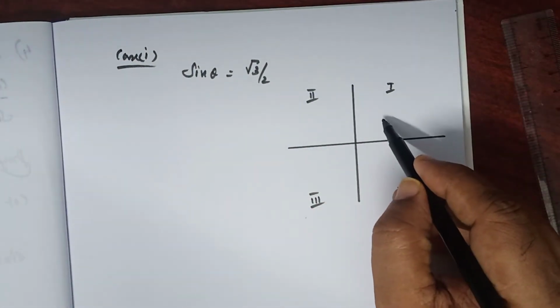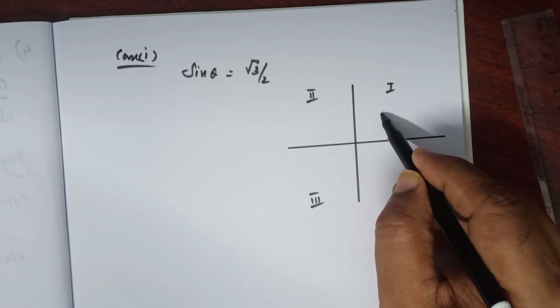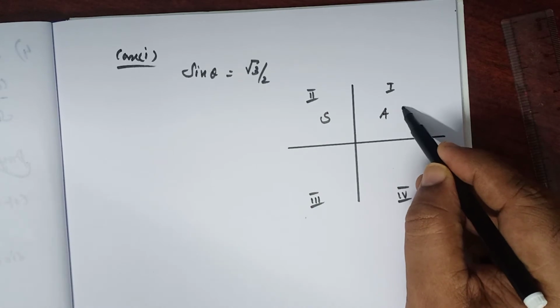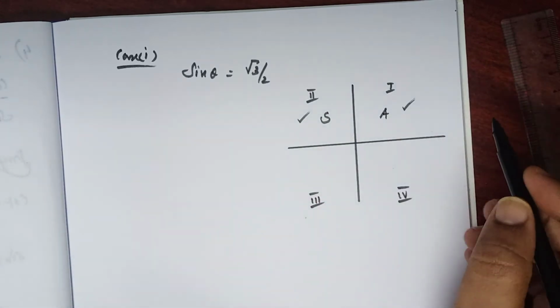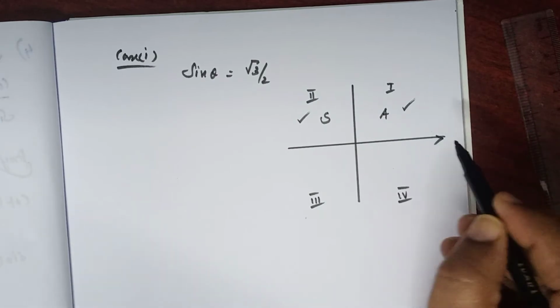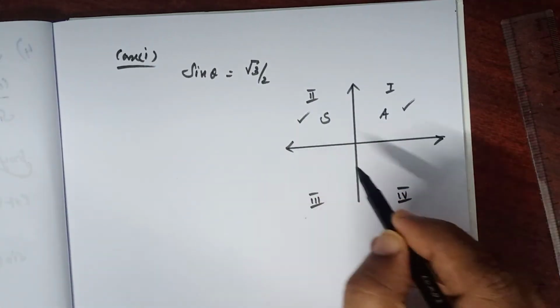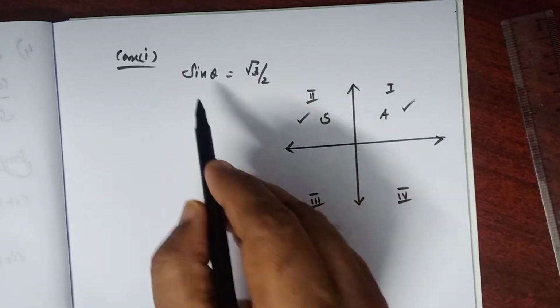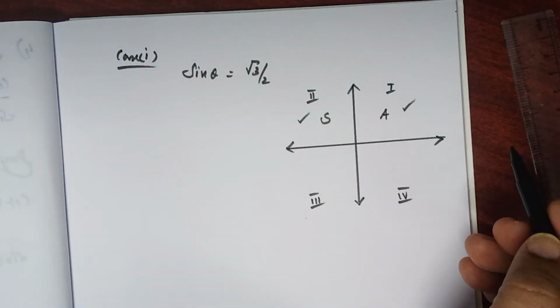Sin theta is positive in the first quadrant and the second quadrant. In the first quadrant everything is positive, and in the second quadrant in particular sin theta and its reciprocal cosecant theta are positive.